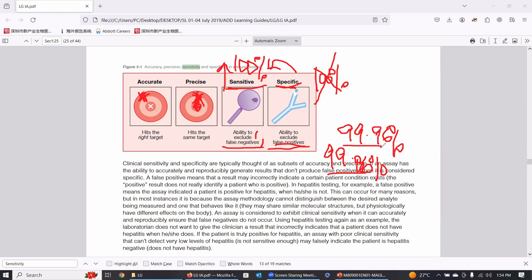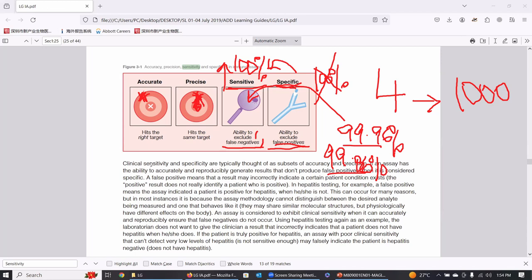And if 99.96 is the sensitivity, the system may give 4 false negative samples among 1000 patient samples. The 4 samples may give you false negative results. So the important thing for sensitivity and specificity is that nobody is 100% in infectious testing like hepatitis B, C, and HIV.